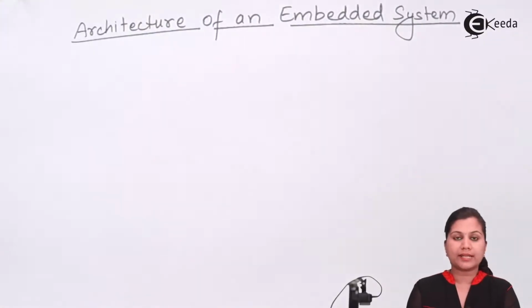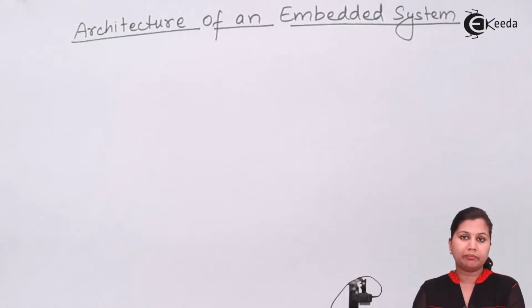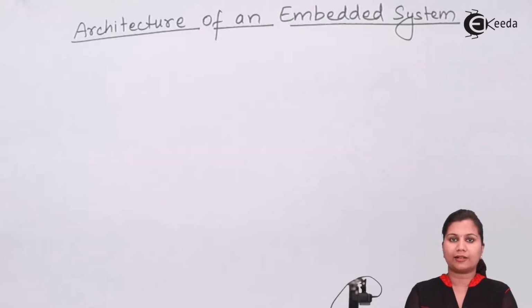Let us first understand what an embedded system is. The word embedded means that something is attached to another thing. So we can think of the embedded system as computer hardware in which the software is embedded. An embedded system consists of a hardware part and a software part.